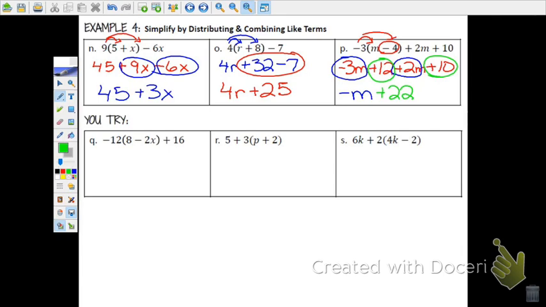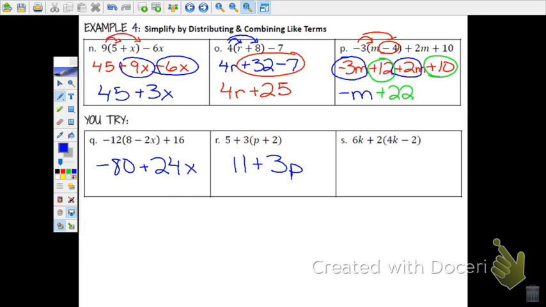So taking a look at these, for Q, if you worked this one correctly, you should come up with an answer of negative 80 plus 24x. For R, you should come up with an answer of 11 plus 3p. Okay.